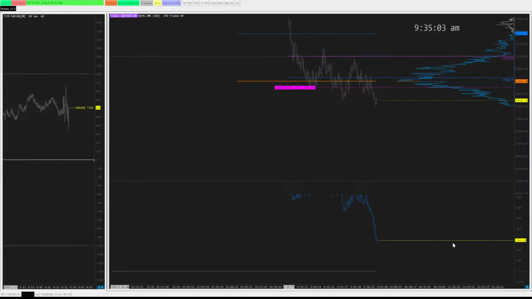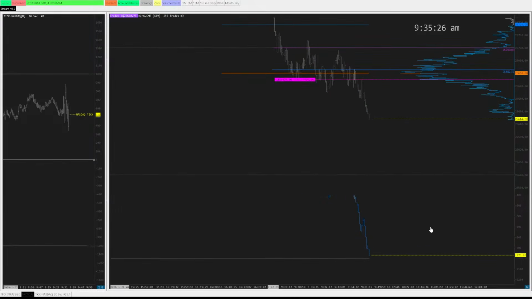There we go. That's kind of the break we were looking for. I could have added right there. That also could have been your initial entry if you didn't have one yet.